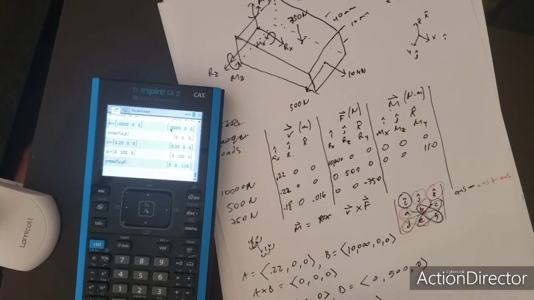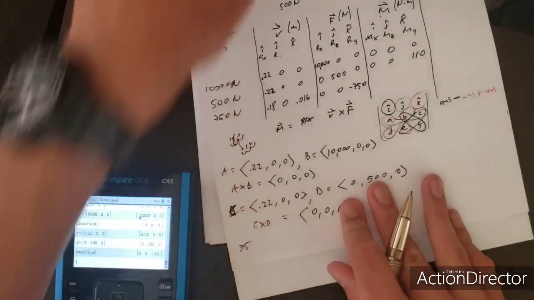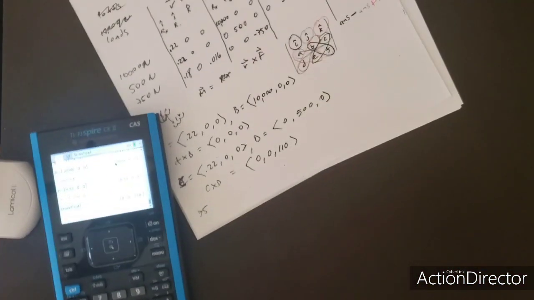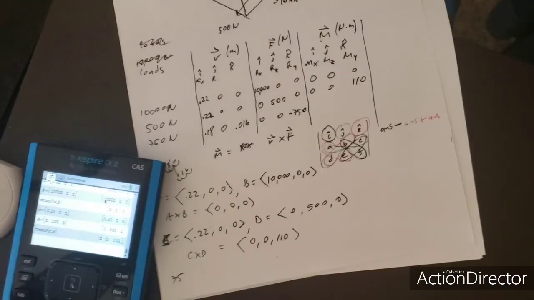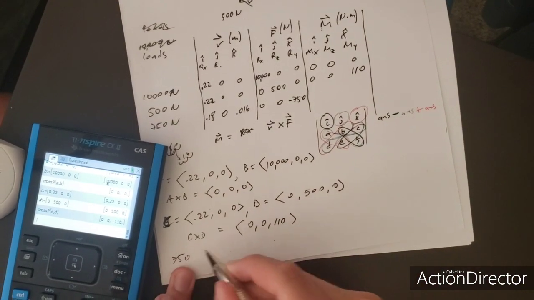And the last one, 750. Just draw it here. Let me just shift it a little bit. There you go, 750.